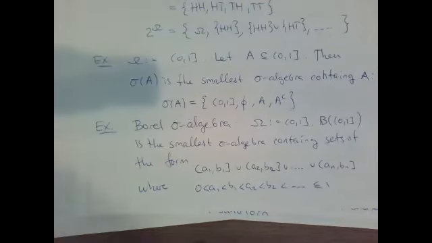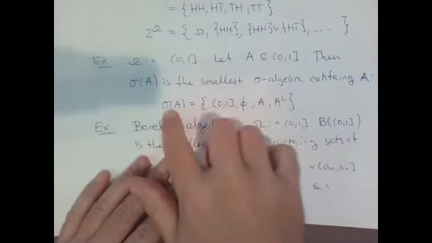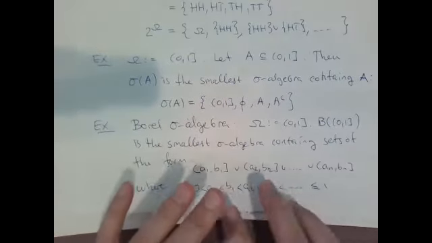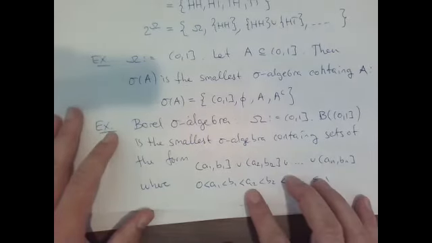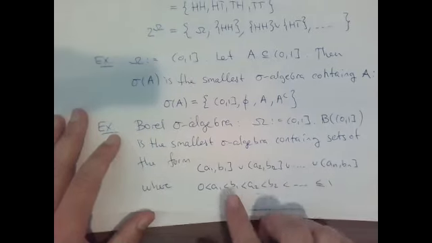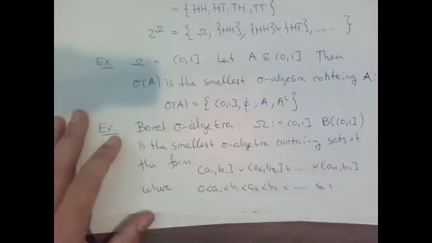For the earlier example there's a formula, and there are only 4 elements in that sigma algebra. Down here we have a very, very large number of elements inside the Borel sigma algebra, and many other things than just these half-open intervals. So maybe we should explore that a little bit.